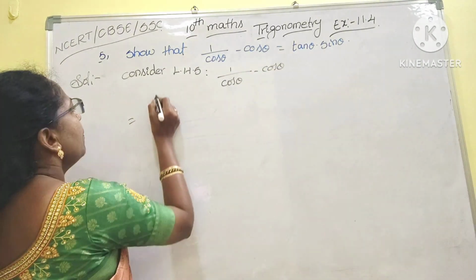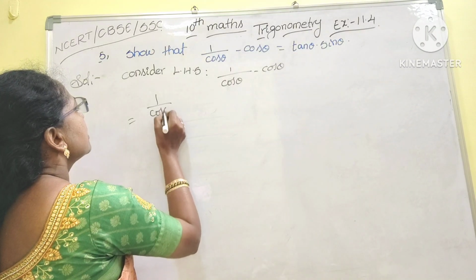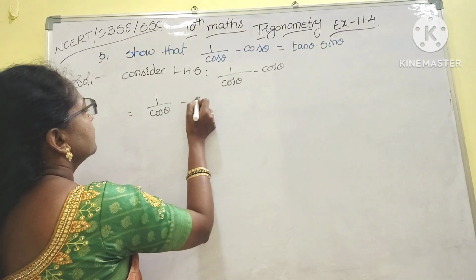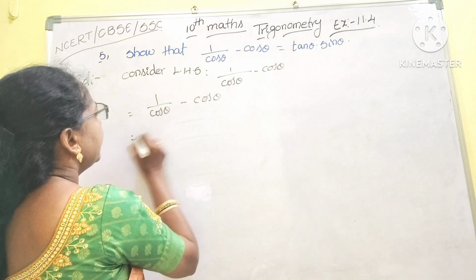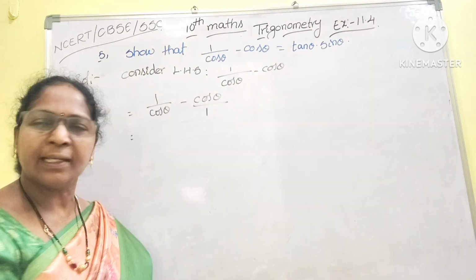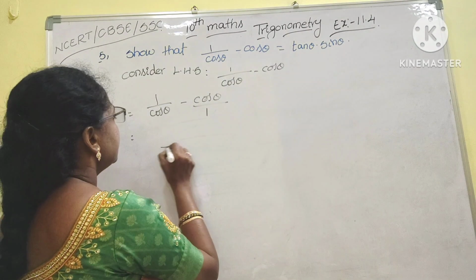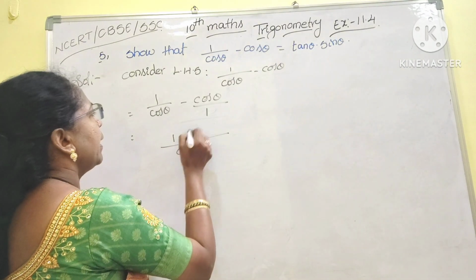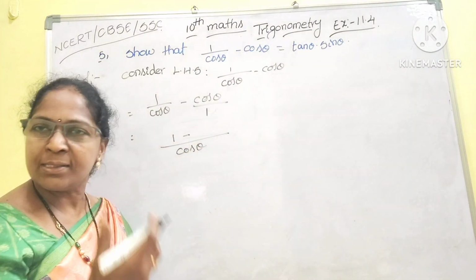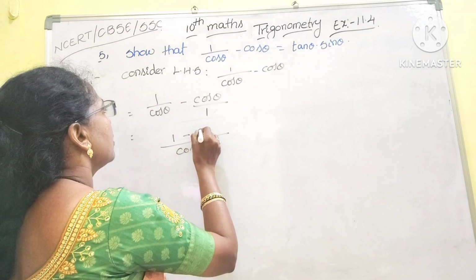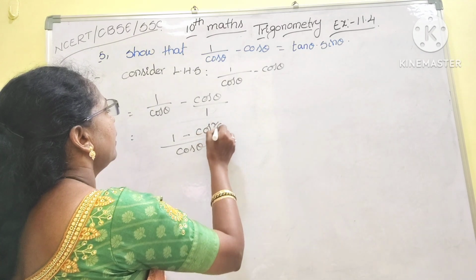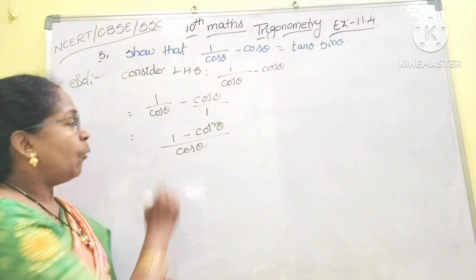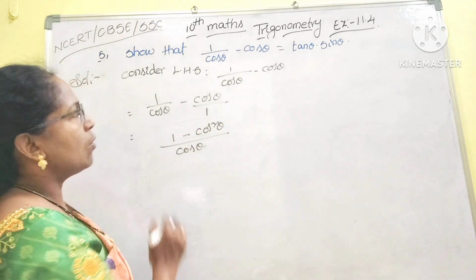So 1 by cos theta minus cos theta equals, find out the LCM, where cos theta is nothing but cos theta by 1. LCM is here cos theta. So 1 minus cos theta into cos theta, where cos theta into cos theta equals cos square theta. 1 minus cos square theta by cos theta.